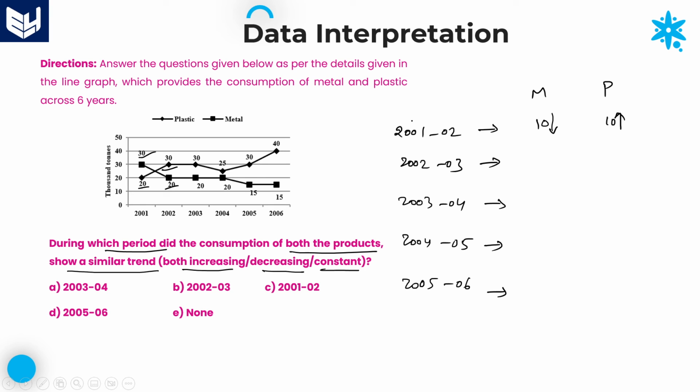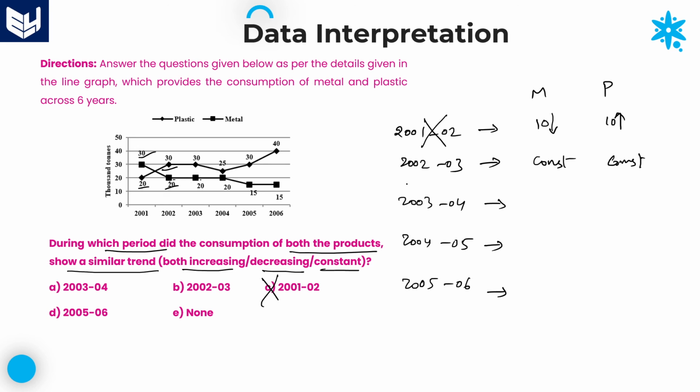So both are not belonging to a similar trend. Similar trend in the sense both are either increasing by the same amount, or decreasing by the same amount, or else both are constant. That gives the exact meaning of similar trend. So you can eliminate 2001 to 2002, and next 2002 to 2003. See here, 2002 to 2003, metal value 20 to 20, that is constant, and plastic value 30 to 30, that is also constant.